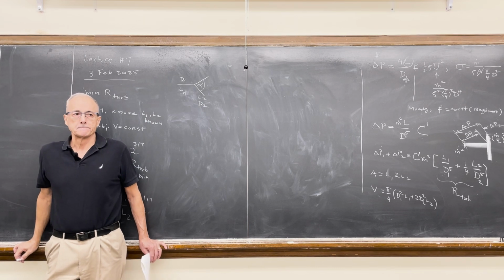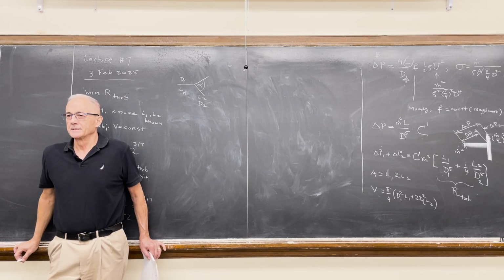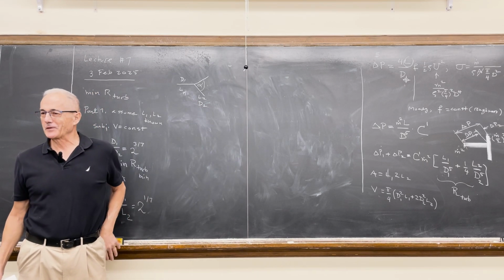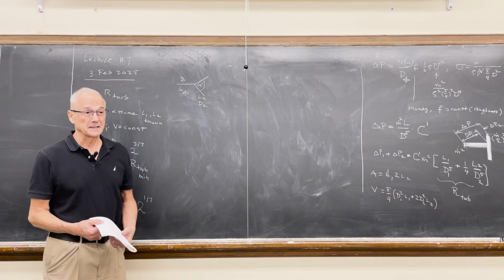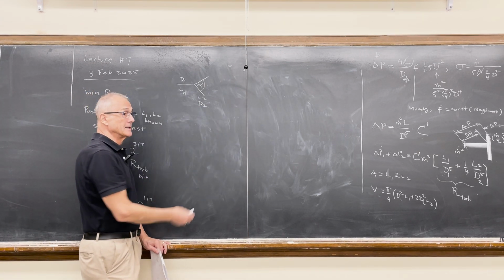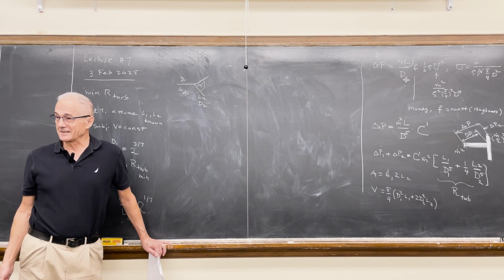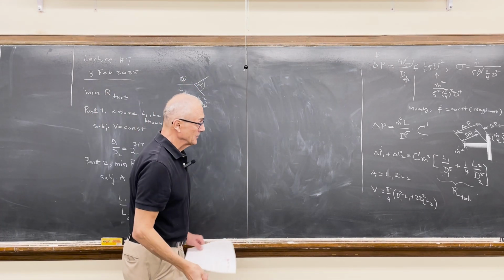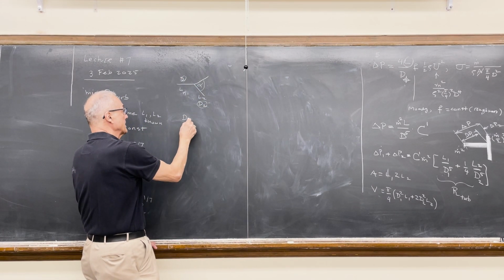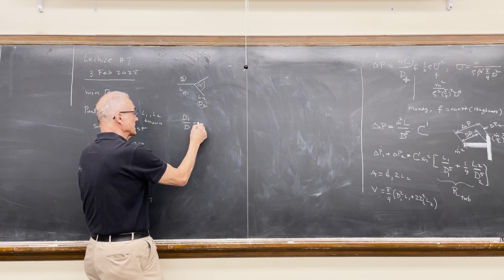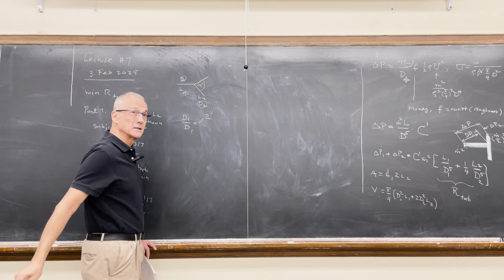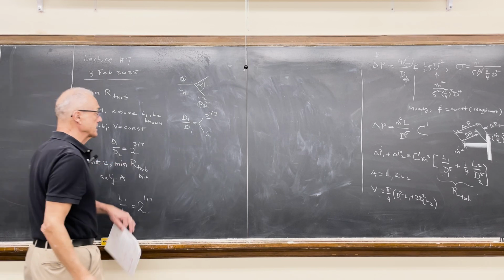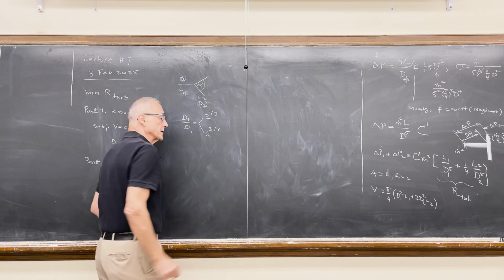By the way, working this problem is not as menacing at first look, because you already know that when you fix all the variables except the duct thicknesses, you will get a particular aspect ratio for D1 over D2, which is 2 to 1/3 for laminar flow, and you just found out 2 to 3/7 for turbulent flow.